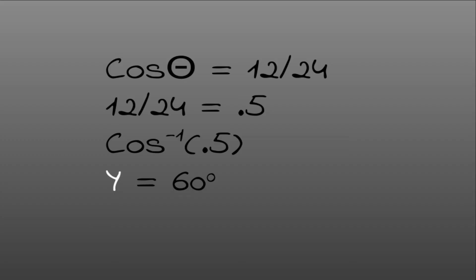You will set it up as cosine theta or y equals 12 over 24. 12 over 24 equals 0.5. Type in cosine^-1(0.5) into your calculator and you will get 60 degrees. y equals 60 degrees.